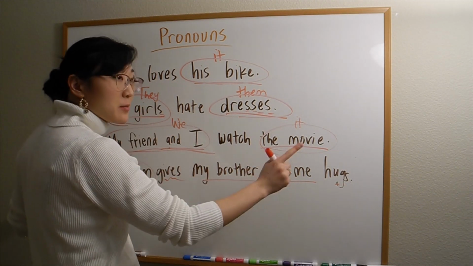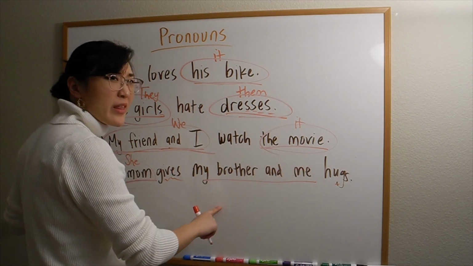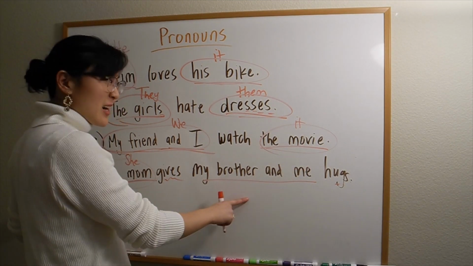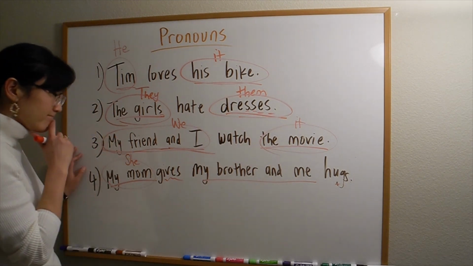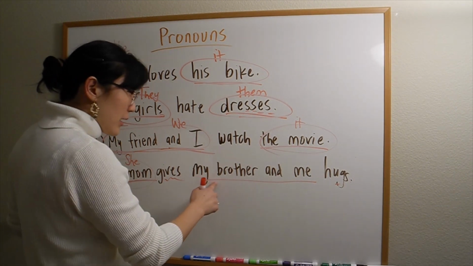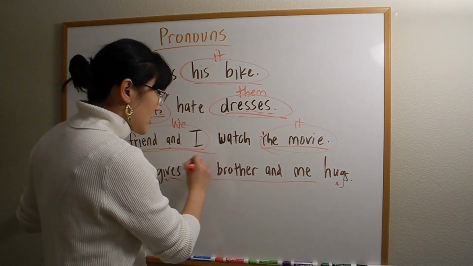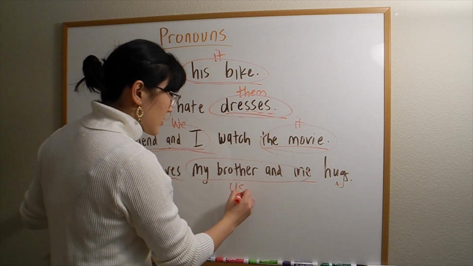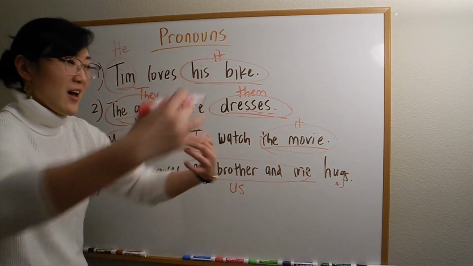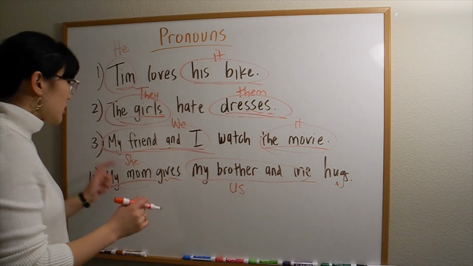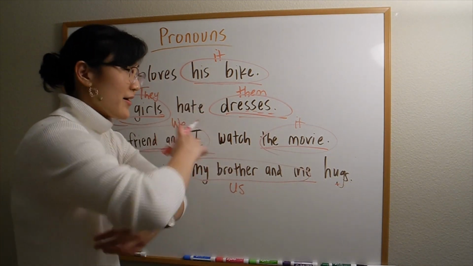My brother and me. Is this we or they? Or is this us or them? After the verb, my brother and me. So this is us. Hugs. This is a hug. So she gives us hugs.